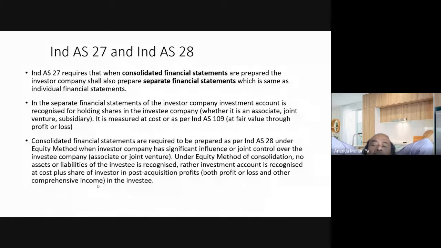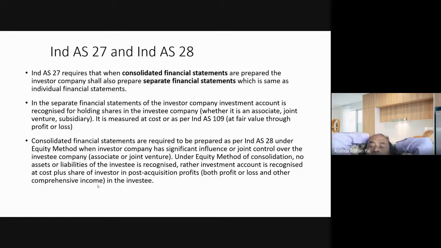So entries should be passed in my accounts where investment should be debit, and my profit and loss and my other comprehensive income both would be credited by the share.